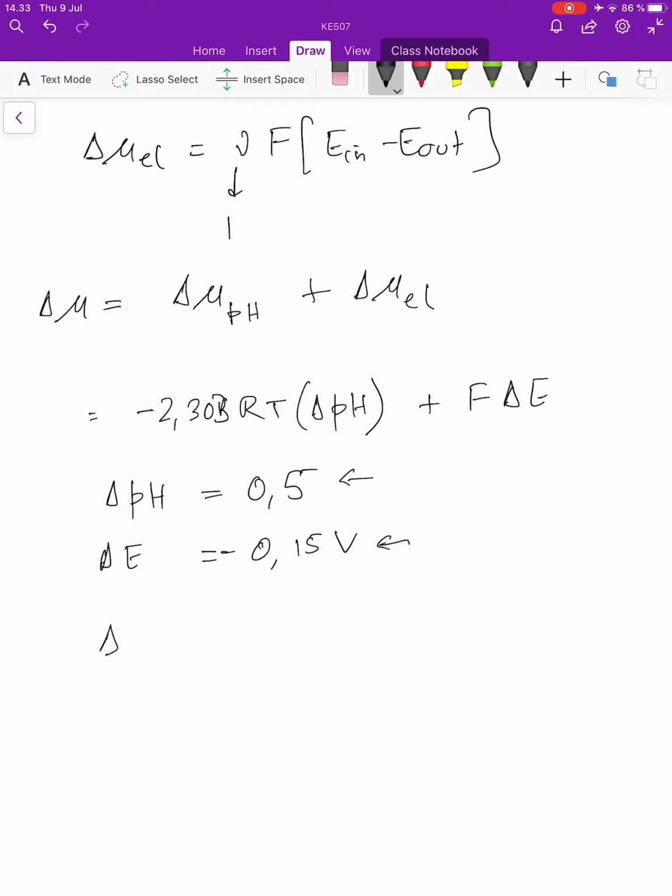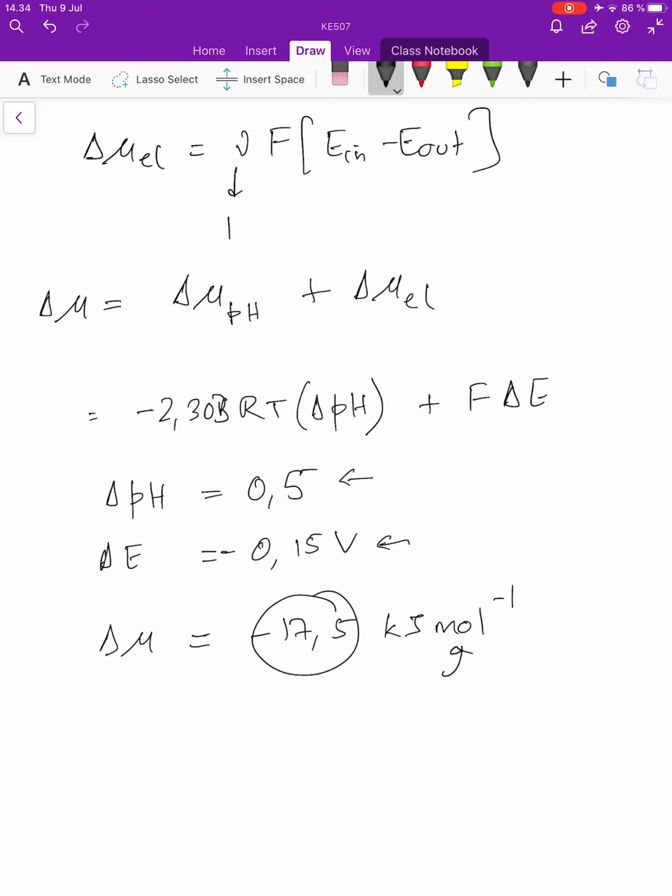If you plug in these numbers, then the total free energy that you gain per mole of protons that is used up by ATP synthase and moves inside the matrix from the intermembrane space is equal to minus 17.5 kilojoules per mole. So one mole of proton transport produces so much free energy.